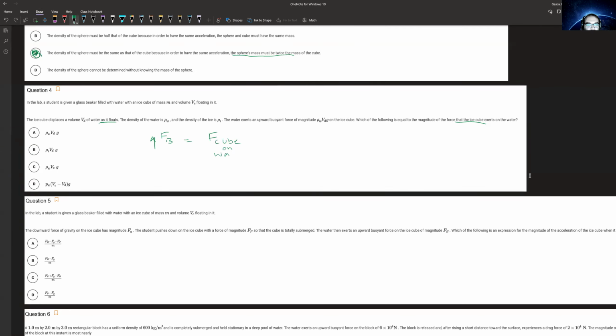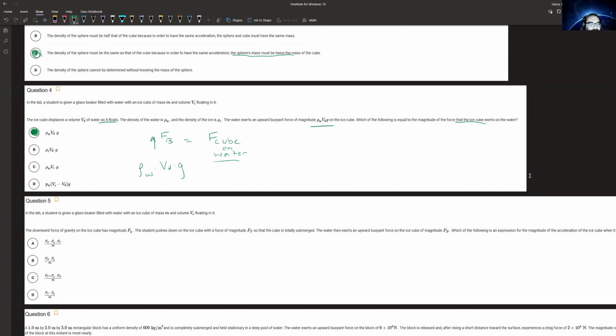Now it will be its weight if it's floating here, but if we notice, they want us to find this out. Well, the buoyant force is given by the density of the water times the volume displaced times g. So it turns out A is an underhanded answer choice, but it is correct because it's really just the buoyant force. And so this is the quickest way to calculate it.